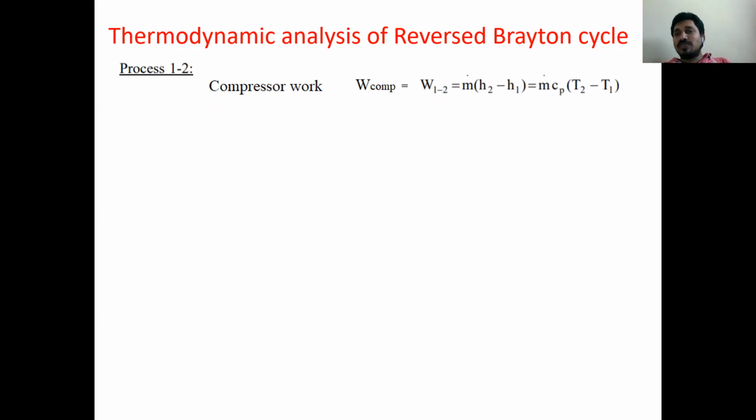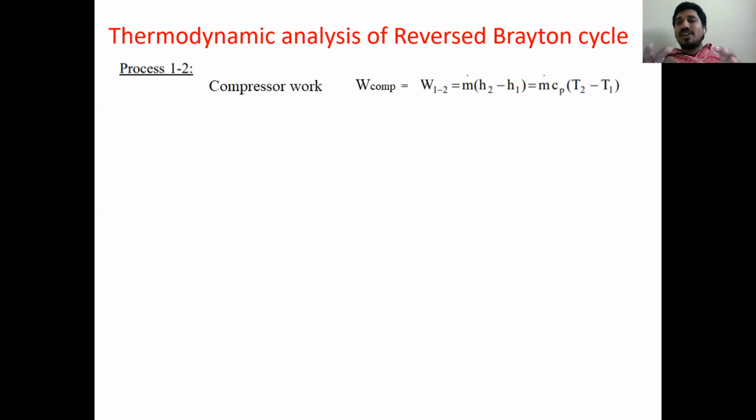h means specific enthalpy. m means the amount of working fluid passing through the compressor, which is constant throughout the system because it is a closed cycle. Closed cycle means the mass flow rate does not change throughout the system. So mass at every section is constant. So m1 is equal to m2, m2 is equal to m3, m3 is equal to m4, m4 is equal to m1.